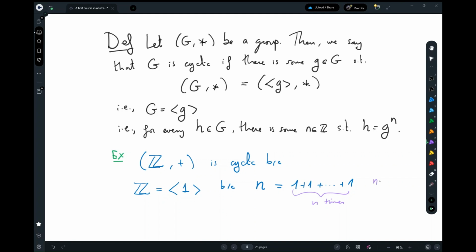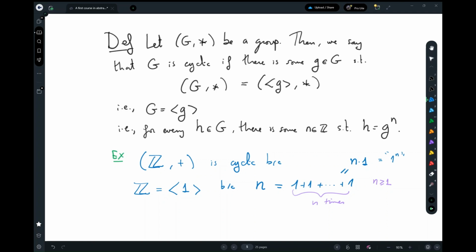And this is what we would say n times 1, or in the group theory notation, that is 1 to the n, as we've defined before.